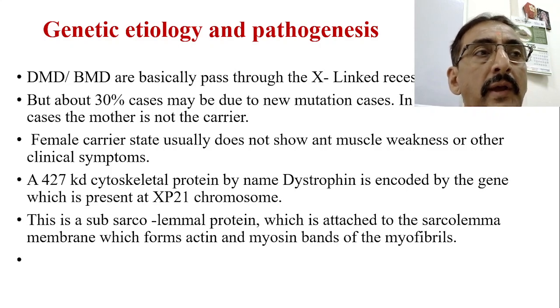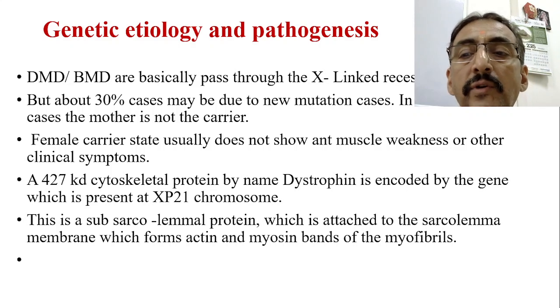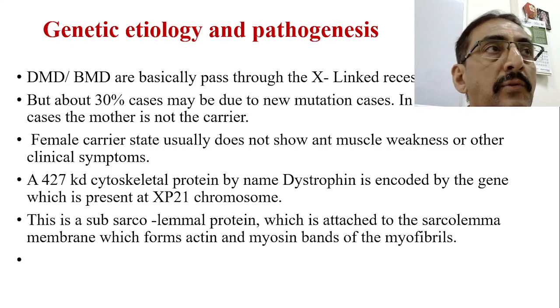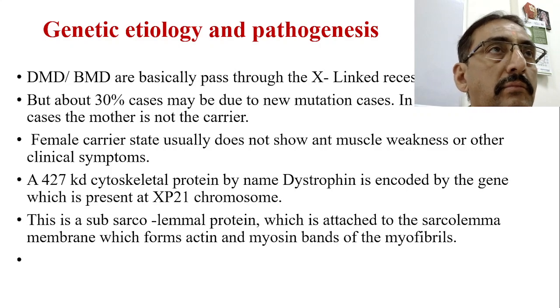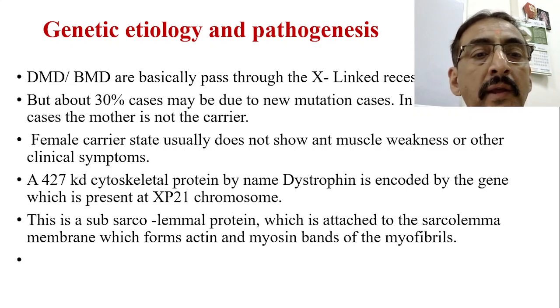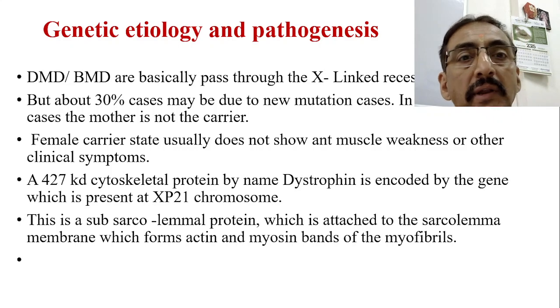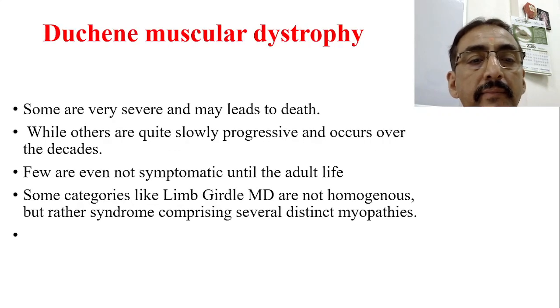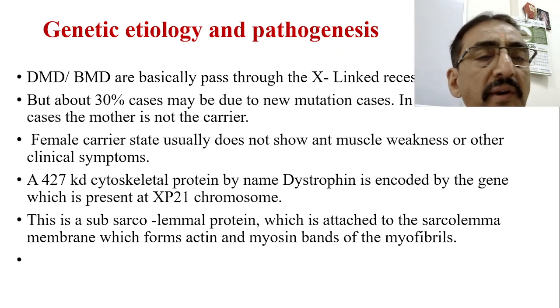Okay, so a 427 kD cytoskeletal protein by name dystrophin, just a repetition, is encoded by the gene which is present at the Xp21 locus on the X chromosome, in the P arm. And what is this dystrophin?